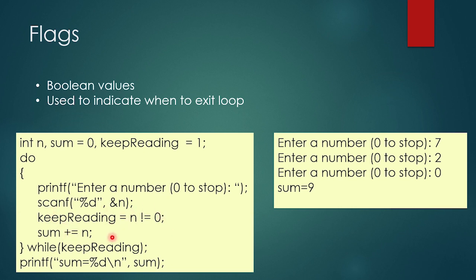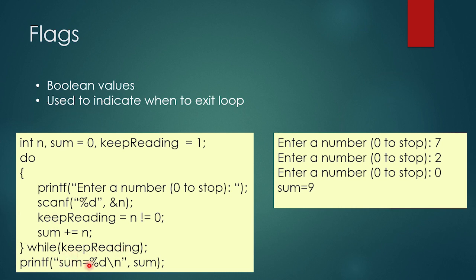We add n onto sum because we don't have to check when n is 0. It doesn't make any difference. Then down here, it says while keep reading is true. So when we do a while or any kind of condition, it's based on true or false. 0 is false, any other value is true in C. So because keep reading is going to go to 0 if n becomes 0, then as soon as this becomes 0, it's going to exit the loop.